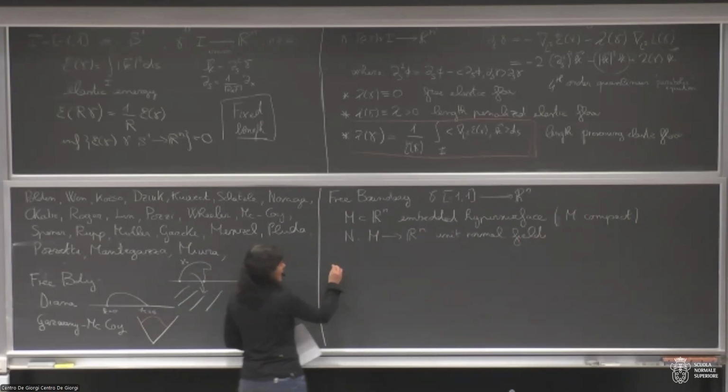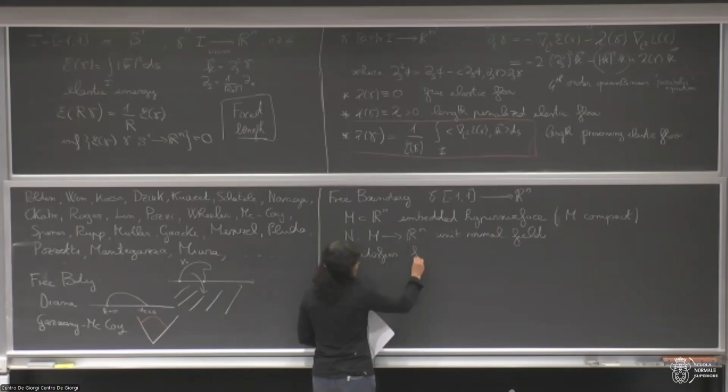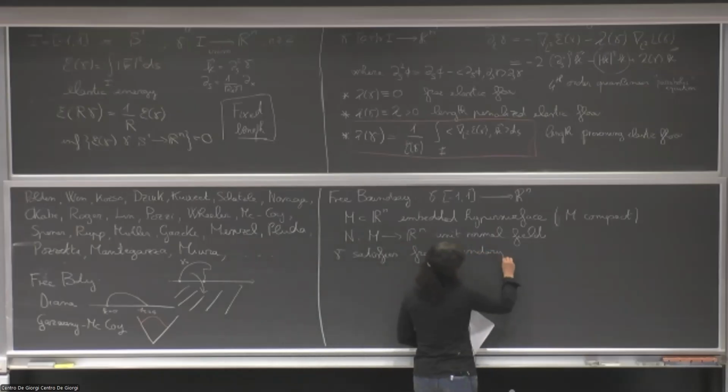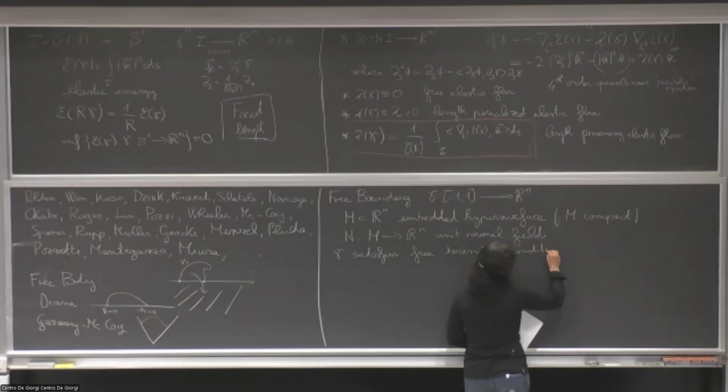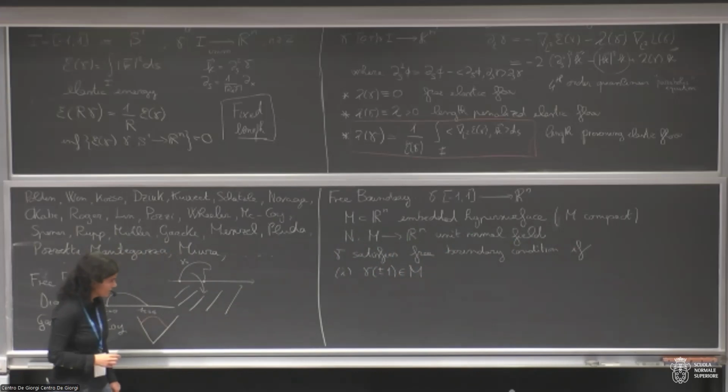Okay, and then we say that gamma satisfies free boundary condition if. So three things. First, the starting point and the end point need to lie on the hypersurface.